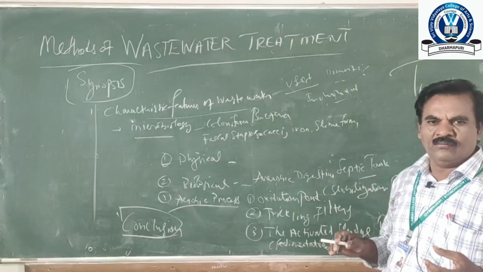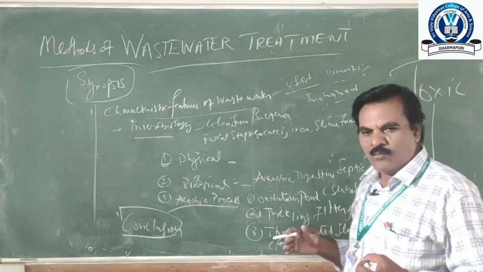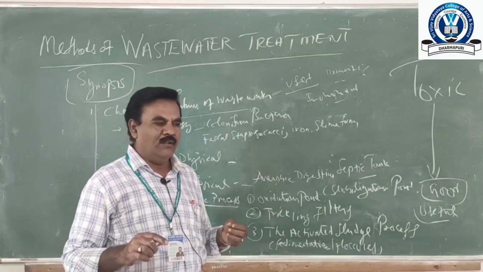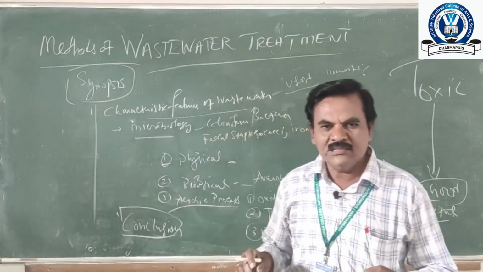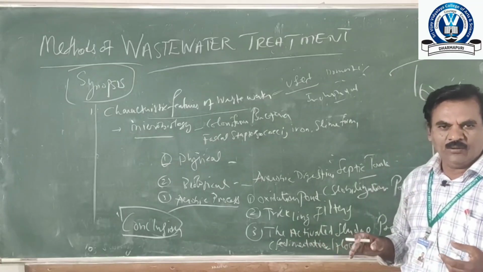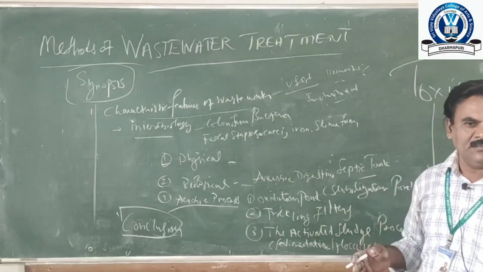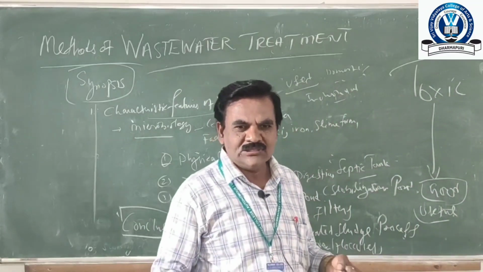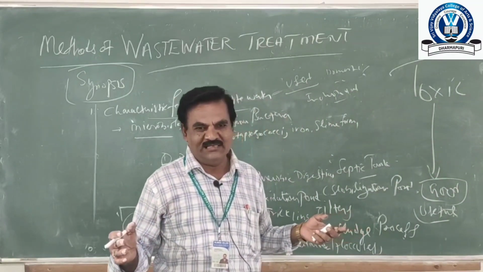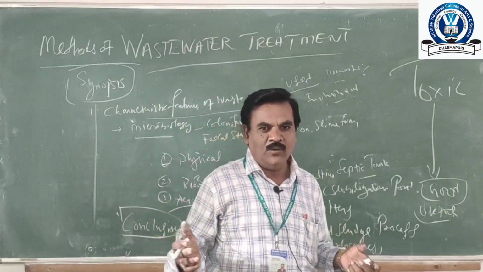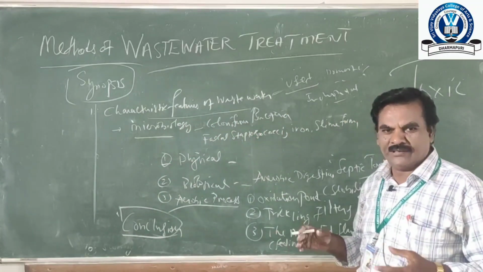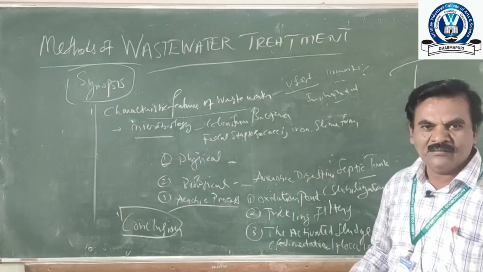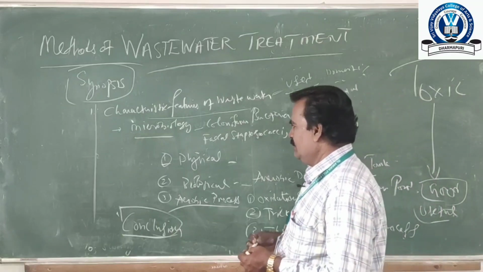Even though the government of India insists that wastewater treatment is very important for each and every industry, the Ambur, Ranipet and Vaniyambadi areas have a large number of leather industries. If you see Ambur, you can find wastewater treatment, reverse osmosis treatment. This is a new methodology for wastewater treatment.